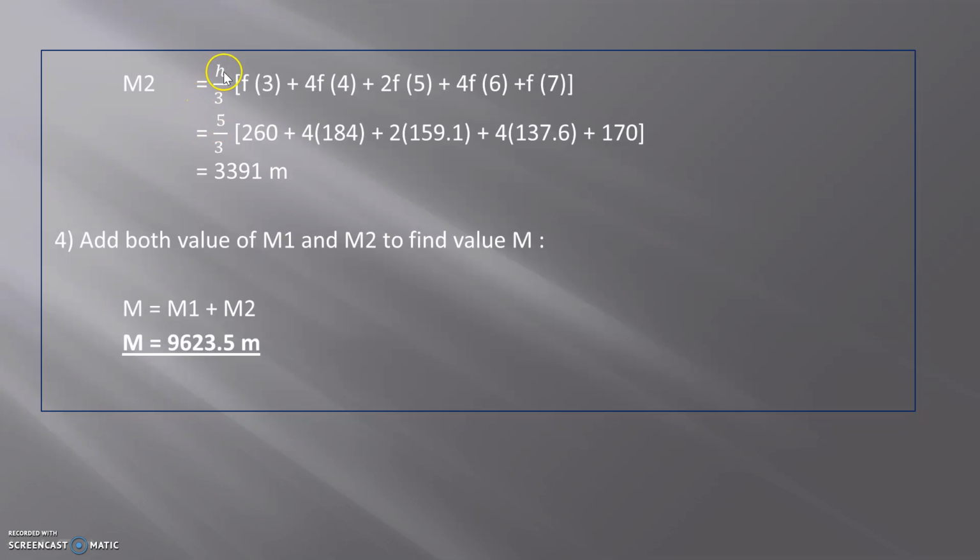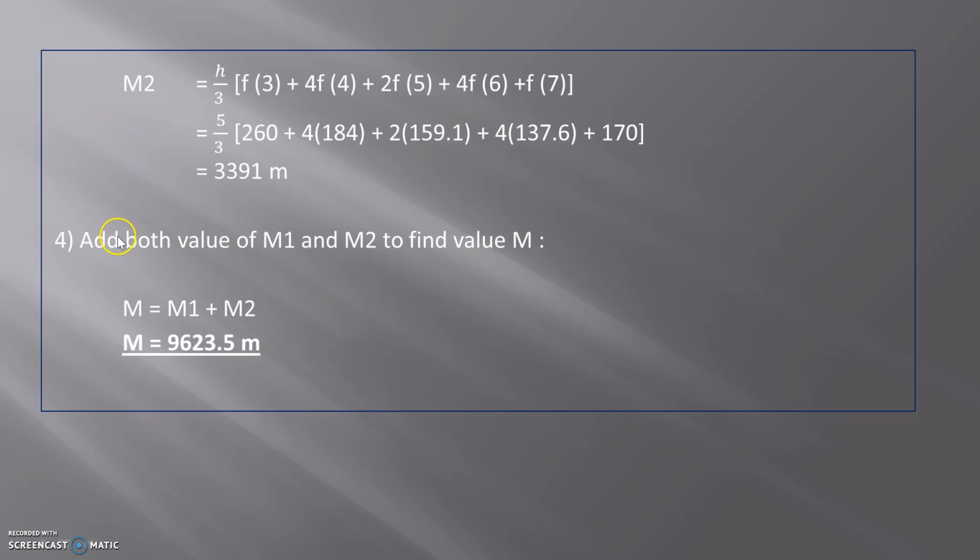So M2 equals to 5 over 3 times function of 3 plus 4 function of 4 plus 2 function of 5 plus 4 function of 6 plus function of 7. So we could calculate the value of M2.